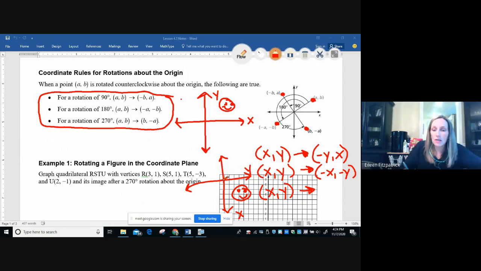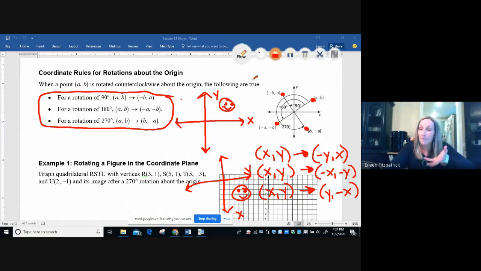So to get to my smiley face, I'd move right and then down. Right along the Y, down along the X. So positive Y, negative X. And then for 360, it just ends up where it was originally, so the coordinate doesn't change.